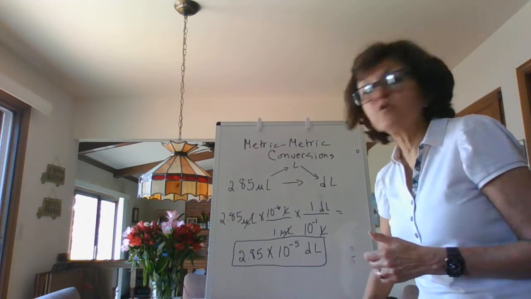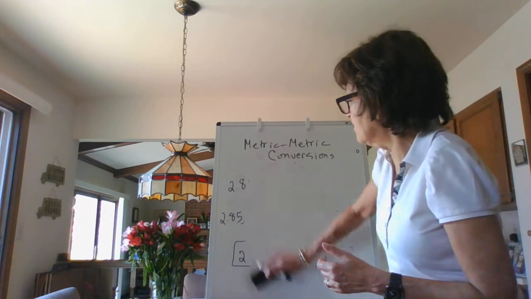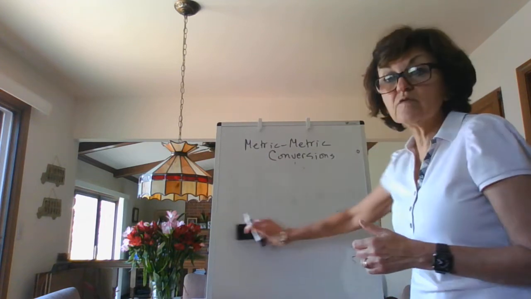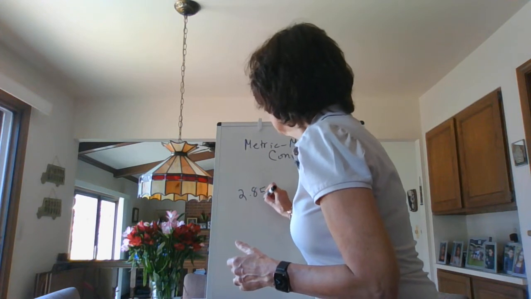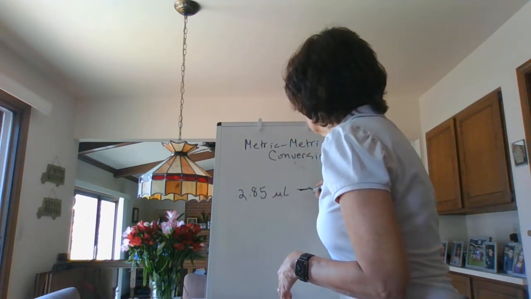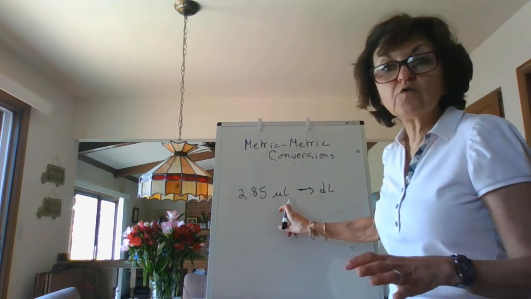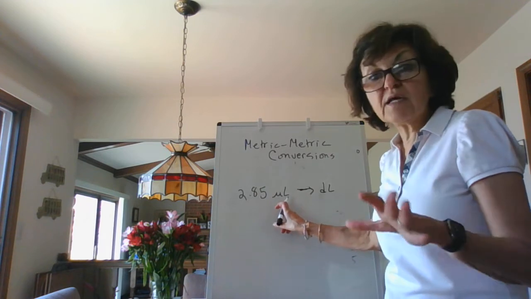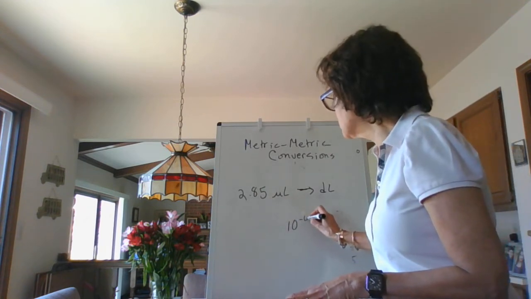Now let me show you the really quick technique, okay? Really quick technique. So we'll use the same one exactly. So 2.85, you want to go from microliters to deciliters, okay? What you do is you write down the meaning of microliters first. So you write down 10 to the minus 6.